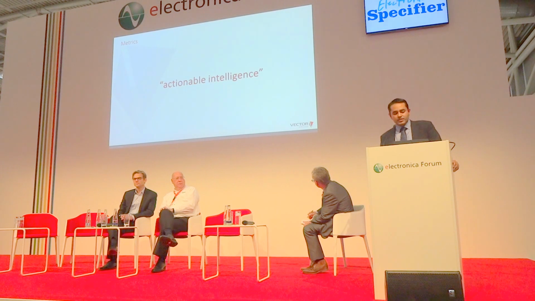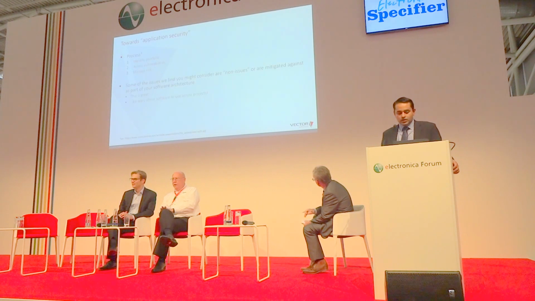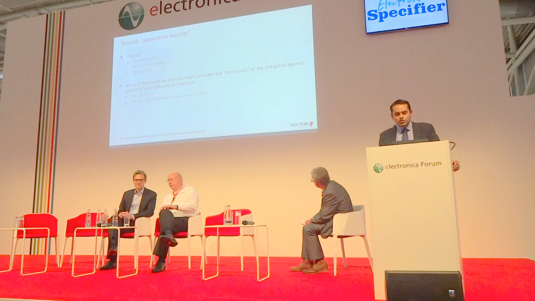So now that we have this information, we can start talking about actionable intelligence, so metrics towards driving better quality and higher reliability and higher security in applications. So we start talking about things like application security. There are three main parts that we talk about. So there's identify for the process. So identify the portfolio.